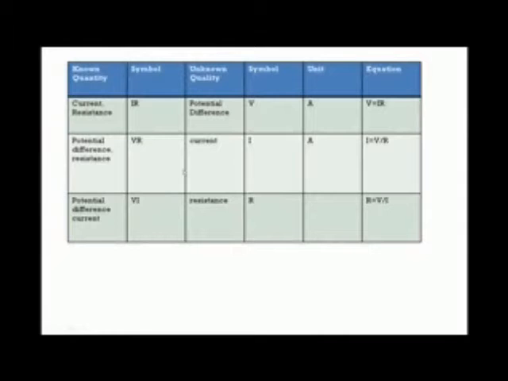We need to find current, which is I. That's what we need to find, but we have the value for potential difference and the value for resistance. To find the value for current, we just rearrange this formula so that it accommodates the value for current.